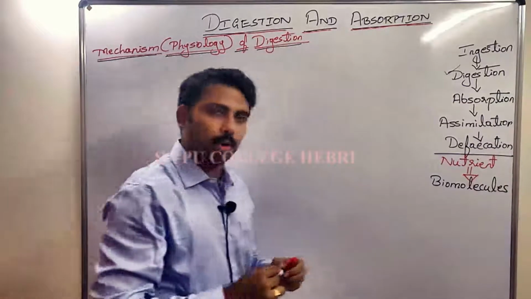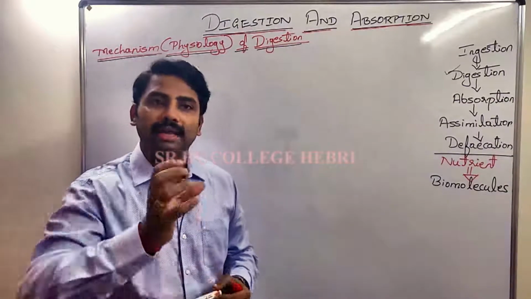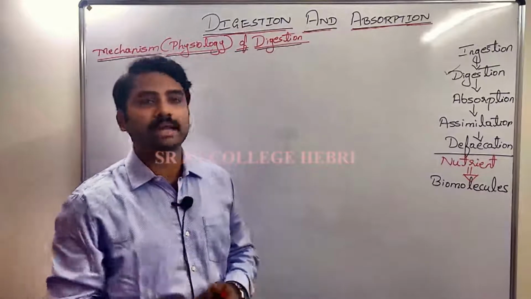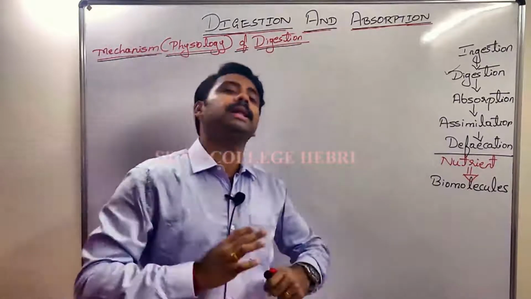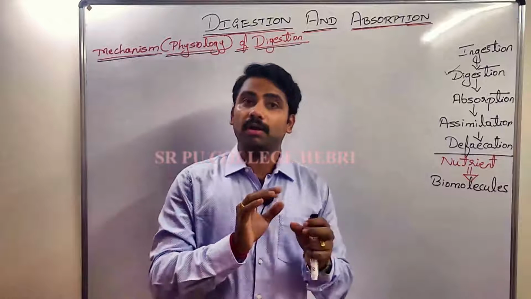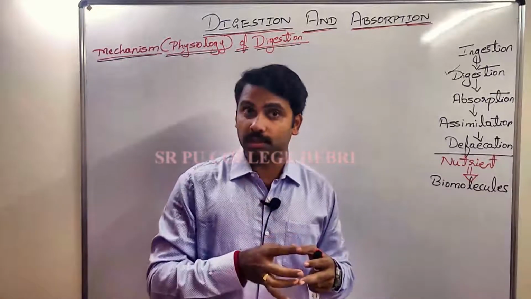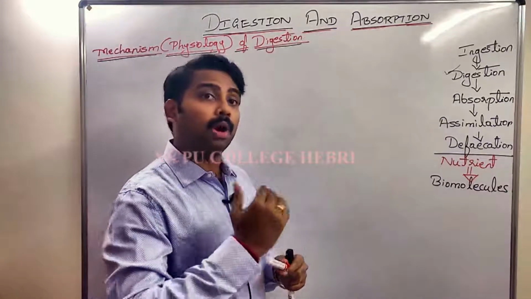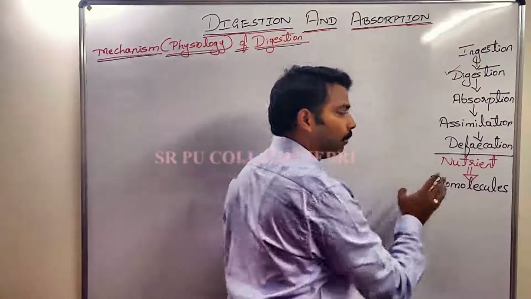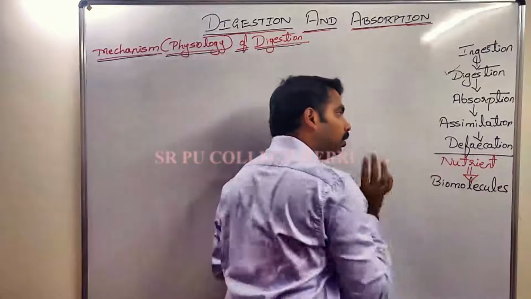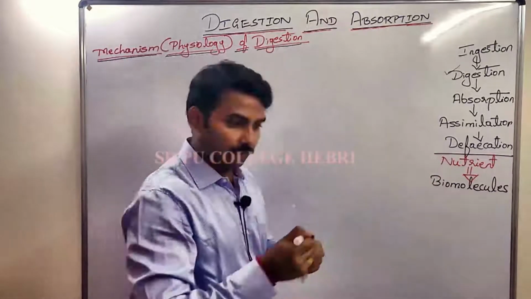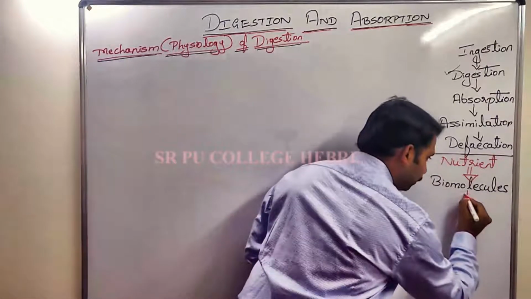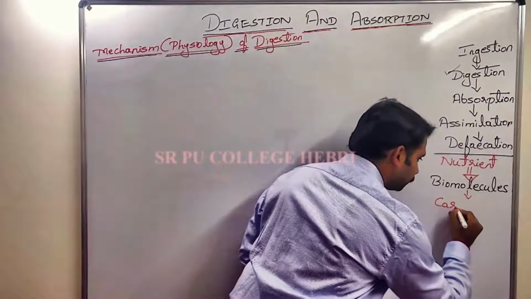Dear students, what do you mean by biomolecule? Any organic and inorganic molecule present in the living system. I repeat, organic and inorganic molecules present in the living system. Now the question is, what are the very important biomolecules or nutrients present in our food? You have to remember that, which mainly include, number one, what is there?